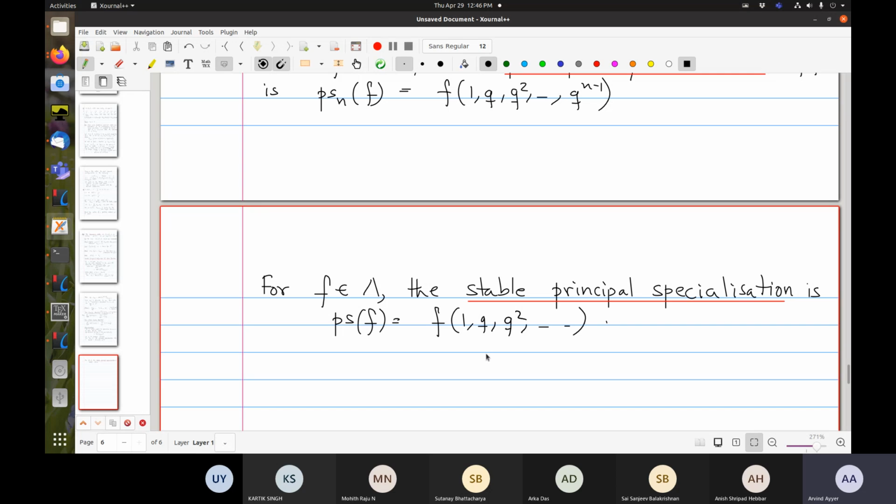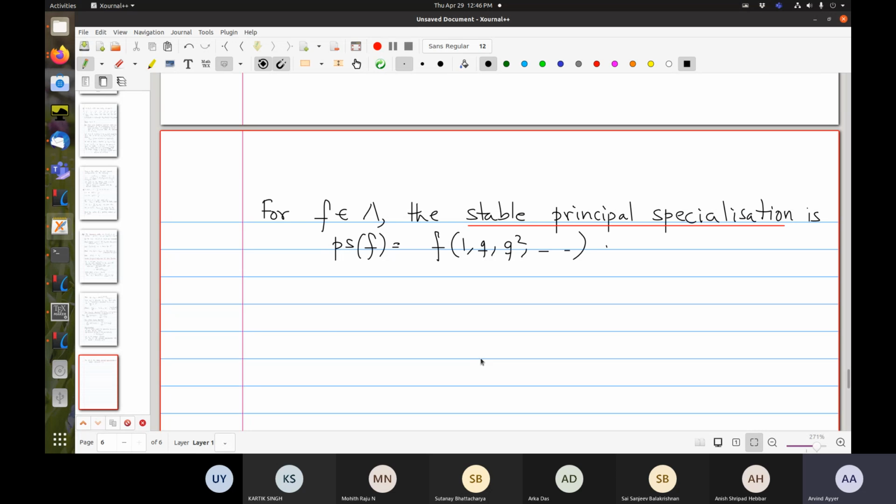Here, of course, you can't set q to 1. That doesn't make sense. But this could also be a nice q-series, expressible nicely. So let me give you an example, I leave it as an exercise.